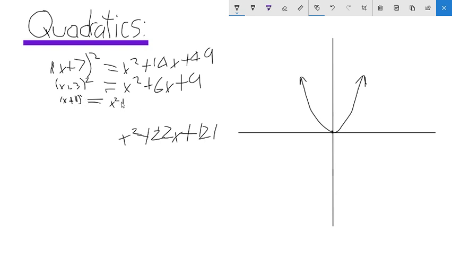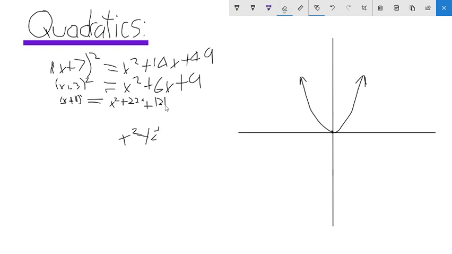So the pattern there is we're going to be multiplying by a 2 and an x, and the reason we multiply by an x is because our first term is an x right here. And then our last term seems to be 49 for this one: 7 times 7 is 49, 3 times 3 is 9, 11 times 11 is 121. So you guys see the pattern yet?